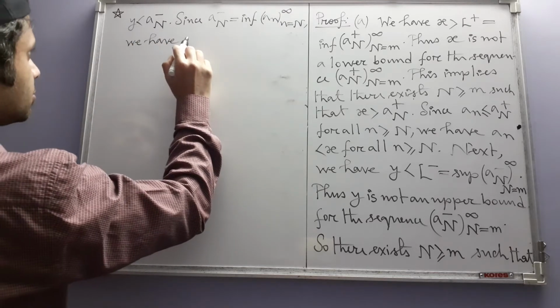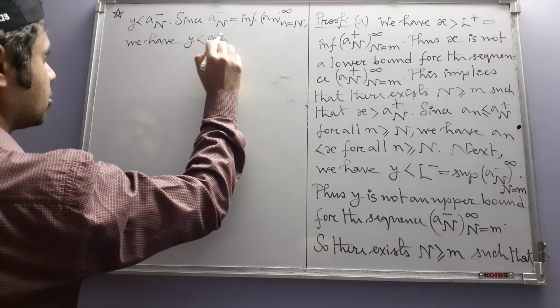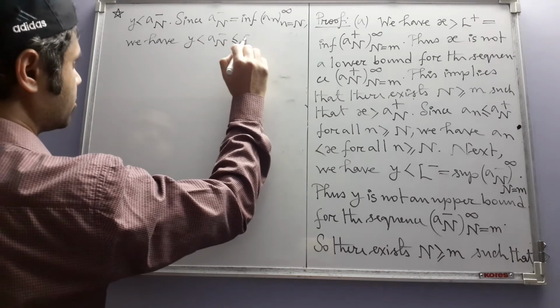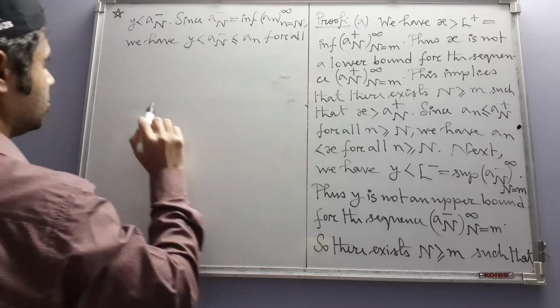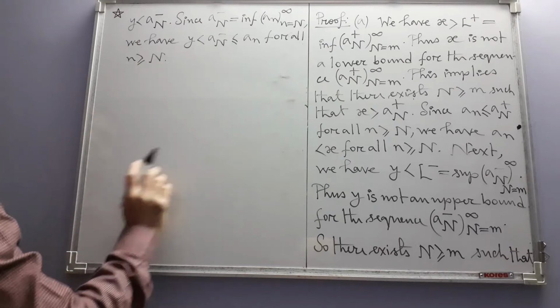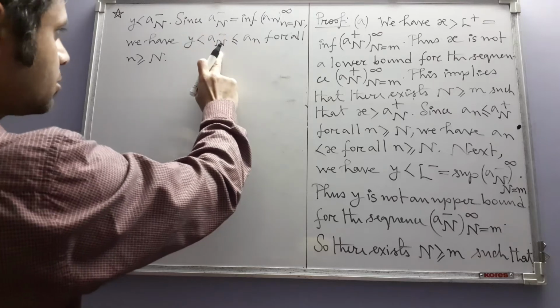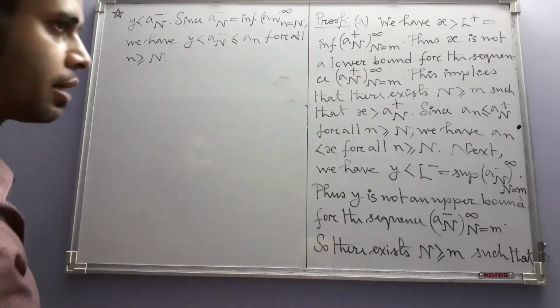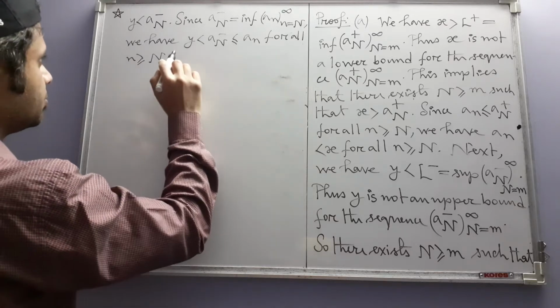We have y less than a_n minus less than or equal to a_n for all n greater than or equal to N. Being the infimum of this sequence, this is going to be less than or equal to all the terms or all the elements of the sequence. So that's what we have written here.